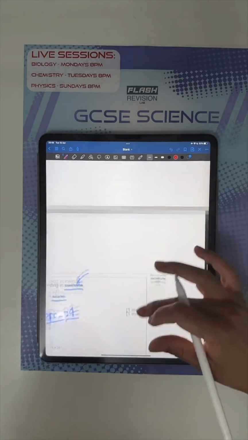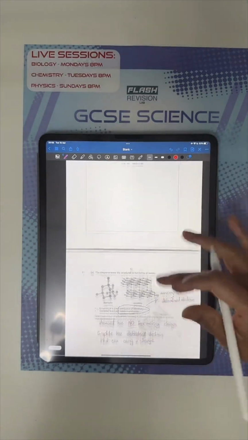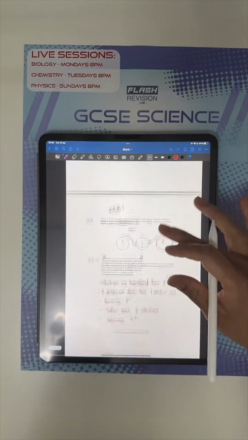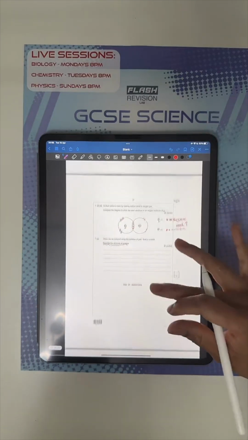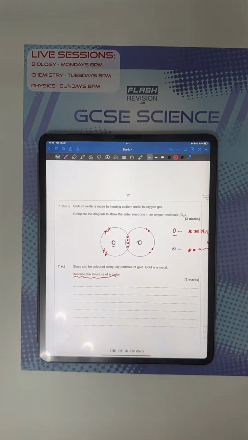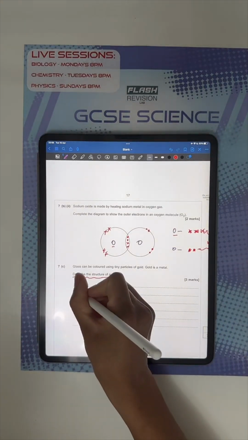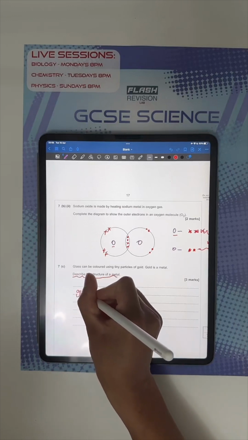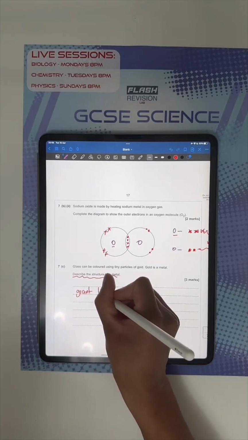Okay, so back to the question. Those are the 2 points that we need to talk about. Describe the structure of a metal. So one, we say lattice, we'll say giant lattice. So you get a mark for saying giant lattice.